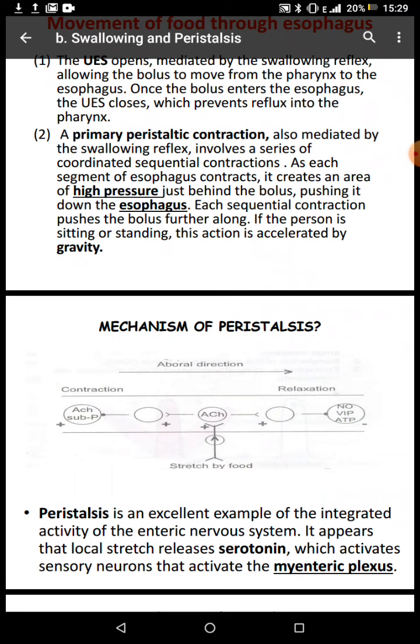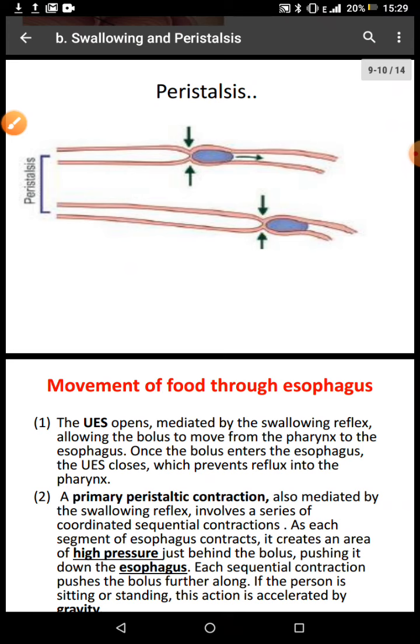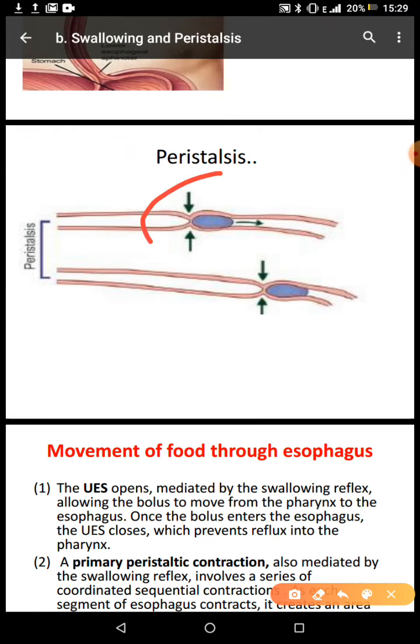Let me just repeat it. We are saying peristalsis is a wave of contraction. We can show it like this. Now, what causes the muscles here to contract is the retrograde neurons that release acetylcholine and substance P. They cause circular muscles to contract.